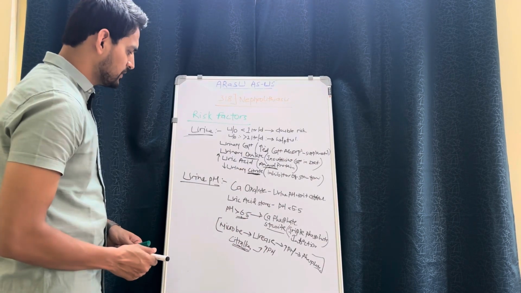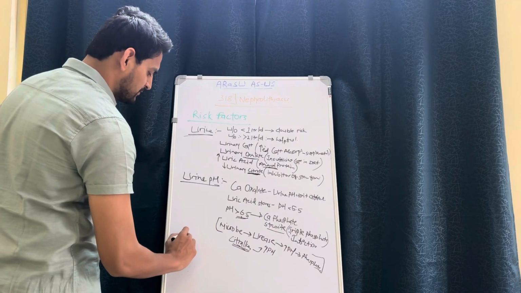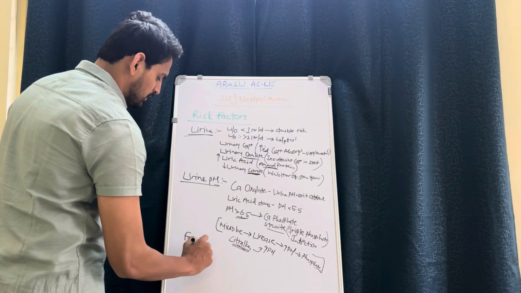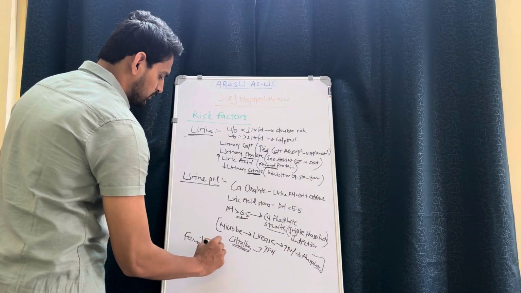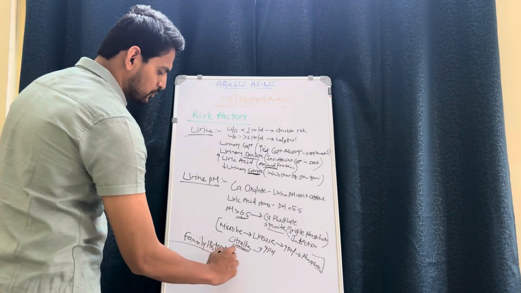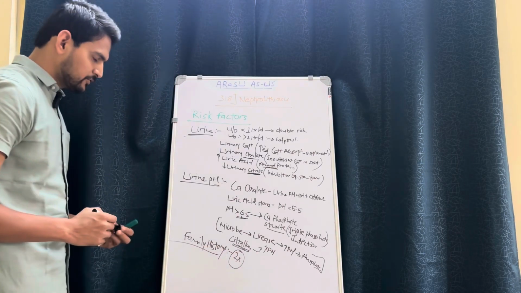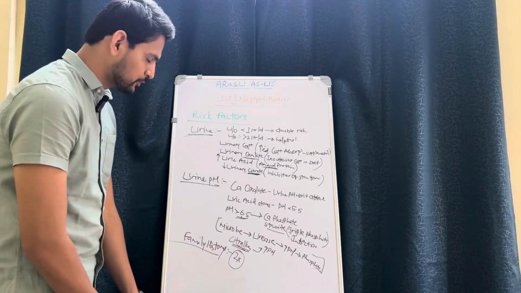This is about the effect of urine pH. And one more risk factor is family history. Whenever there is positive family history, the risk of stone formation will be 2 times. So these are some risk factors for stone formation.